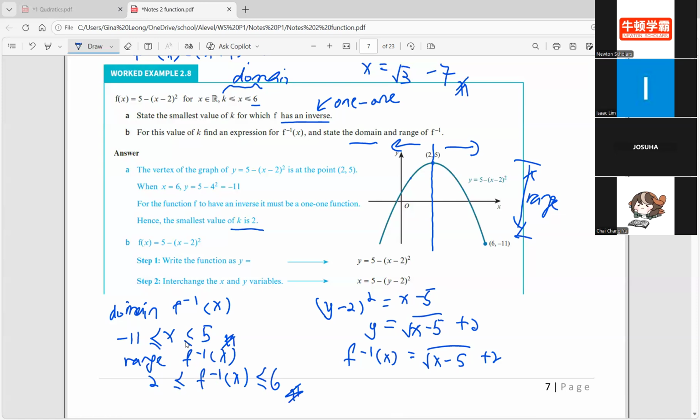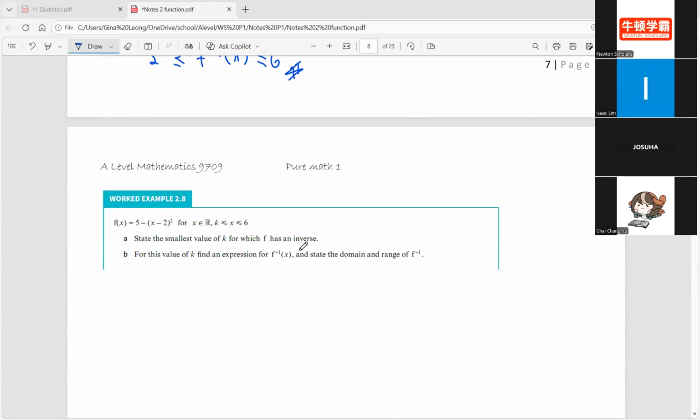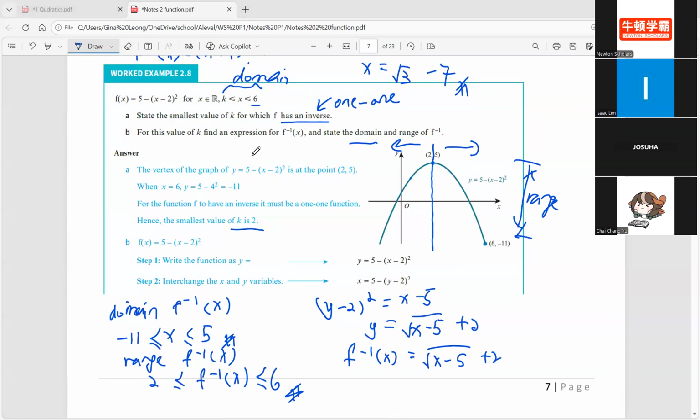Any question? Okay, no, so we continue. This is the same thing, a duplicate already.